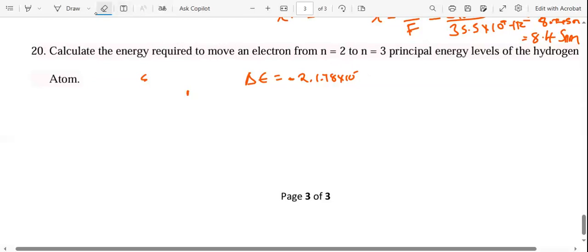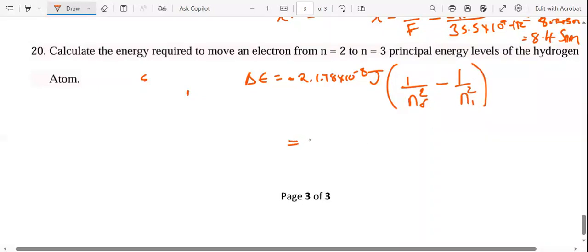You just have to master this one, if at all you are told. This constant is in joules. Sometimes you'll be given it in each session of the paper. The formula is given as n final squared minus n initial squared, like that.